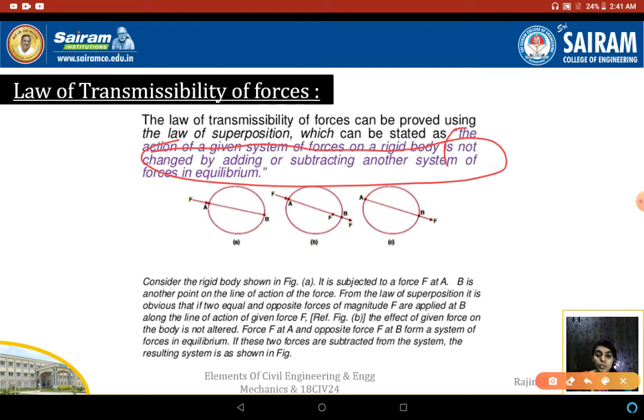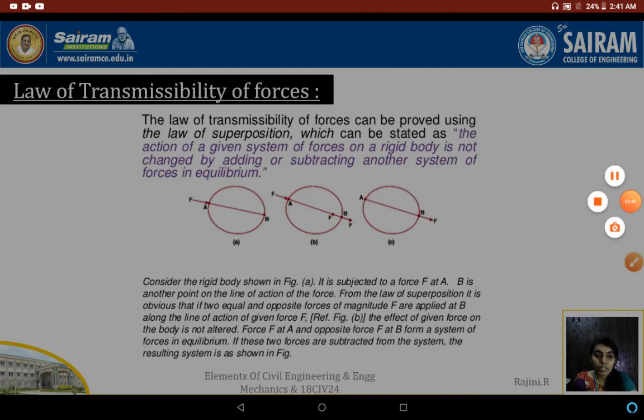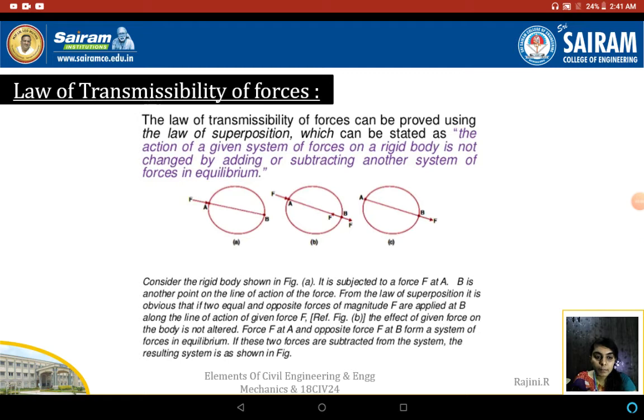Here you have three figures: figure A, figure B and figure C. In figure A, the force is acting at A, that's it. In figure B, you have three forces, 1, 2 and 3. And in figure C, the final force is there. In figure A you can see only one force.